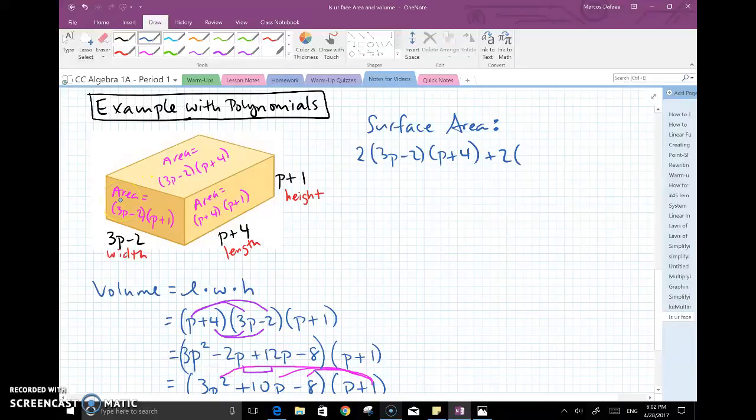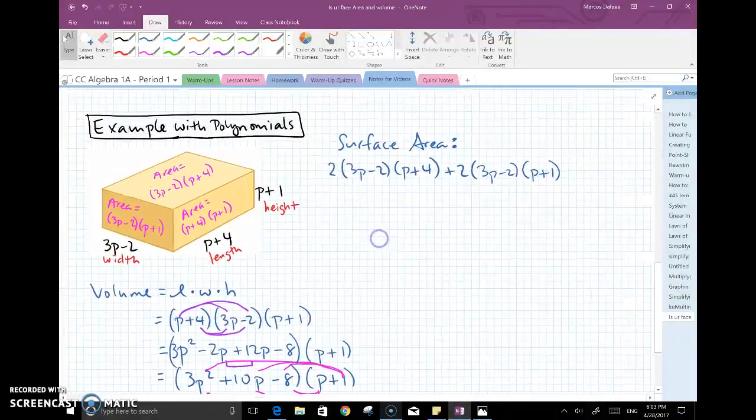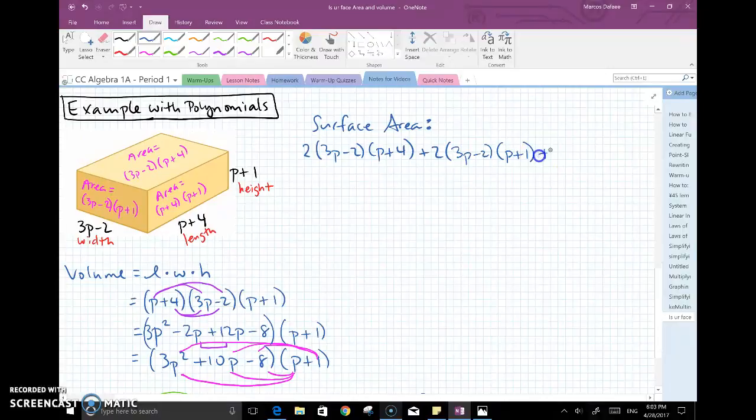So it's 2 of these, 3p minus 2, multiplied with p plus 1. Then I have to do this side here. I have 2 of these, one at the front, one at the back. So it's going to be plus 2 of those. So that's p plus 4 times p plus 1.